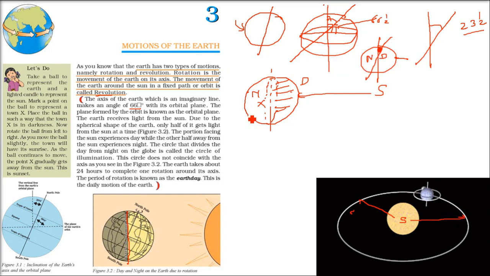But since the Earth is tilted, some extra part is getting light, and the down part which should get some light is not getting it. Because of this, seasons will come. Some days we are going to talk about are specific days which are generally asked. The days are big, the nights are smaller than this.